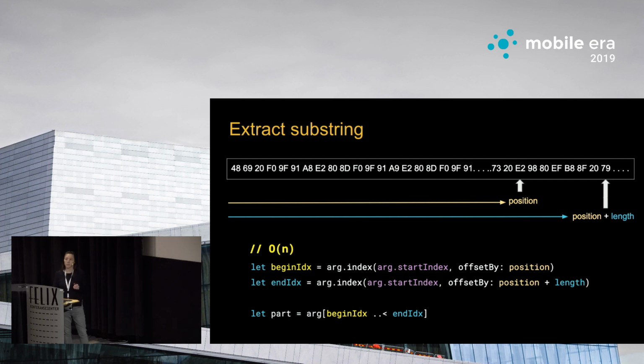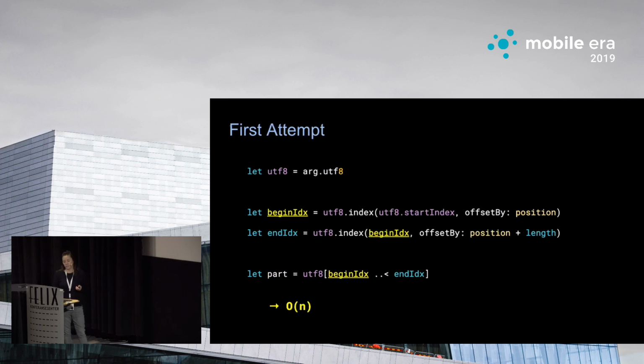In fact, we had a function just like this, and it became a bottleneck in one of our tools. So we had to optimize it. So we first converted the input string to the UTF-8 view because we found that performing on that view was faster. Then after calculating the begin index, we use that to compute the next index to reduce the amount of walks.